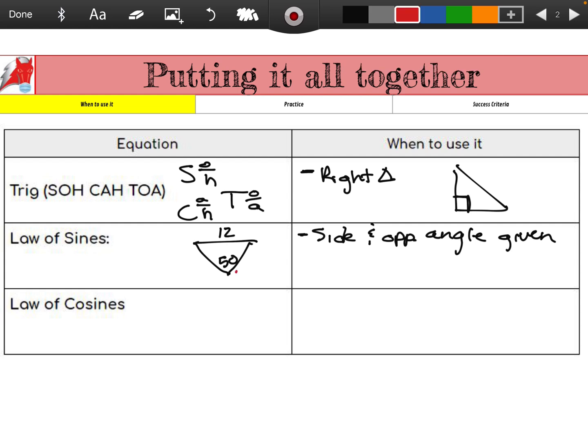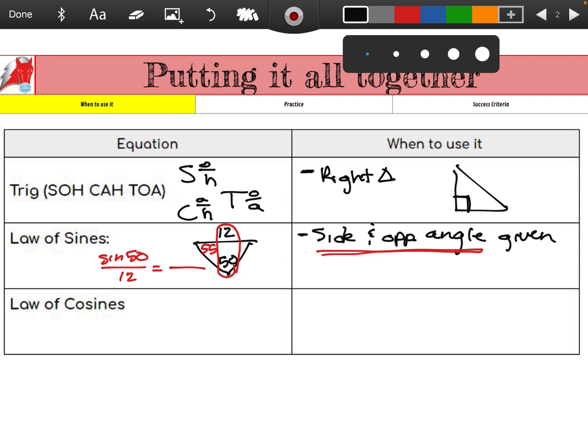Remember, I need to have some kind of ratio, so I'd say sine 50 over 12, and then I can set that equal to something. Say this is another, I don't know, 55 degrees, so then I can find whatever I need to after that. But side and opposite angle are the big piece.